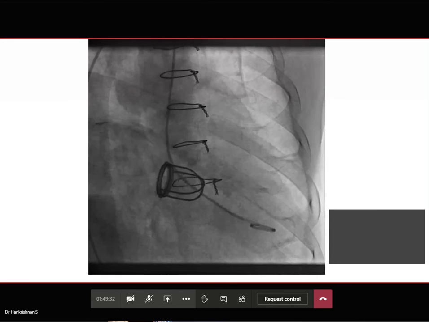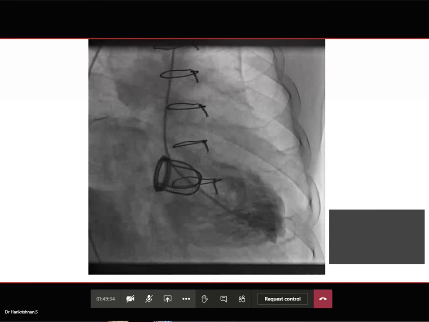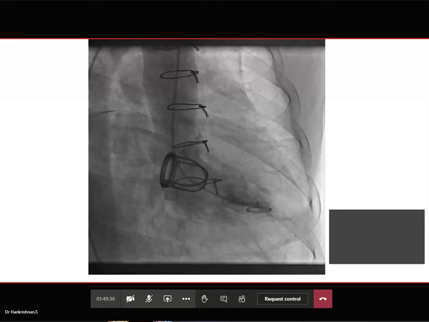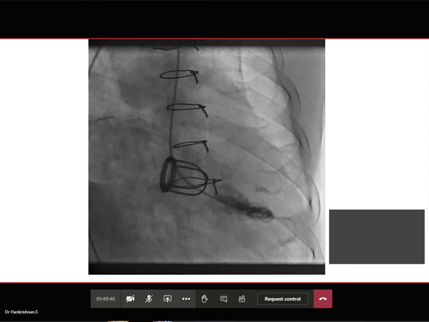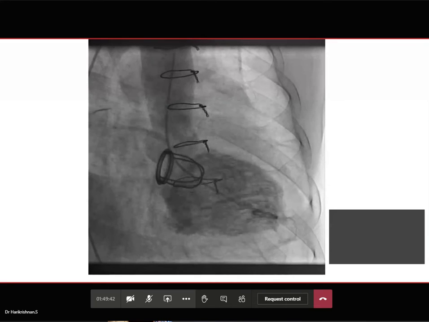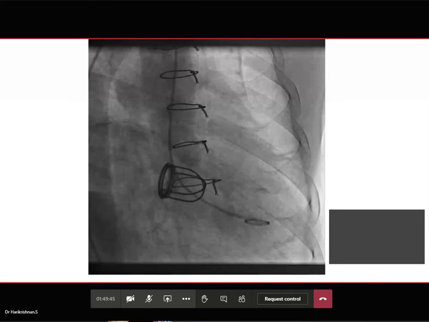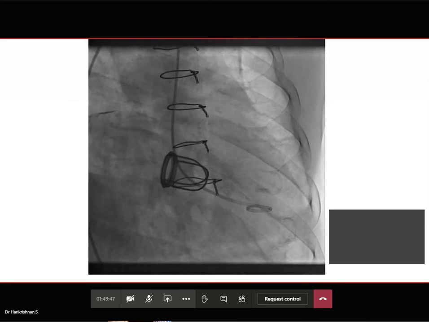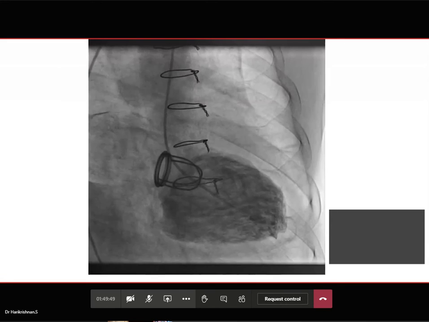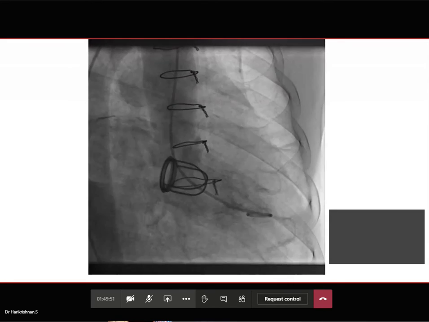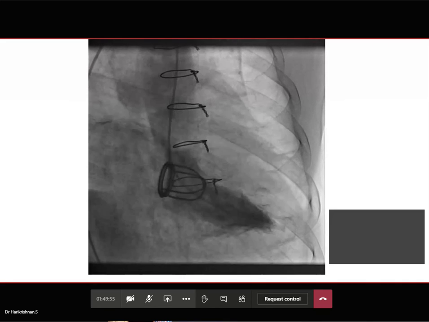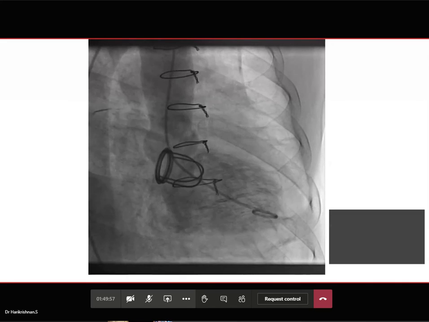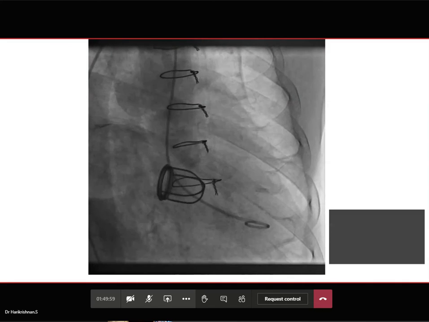What commissurotomy? Using a Tubbs dilator, sir, to open the commissure. Very good. Where do they put the Tubbs dilator? LV apex. They make a hole in the LV apex with a purse string suture, put the Tubbs dilator and dilate the valve.